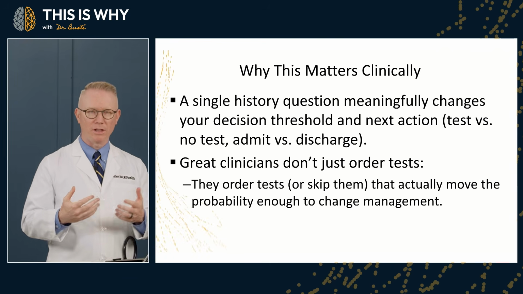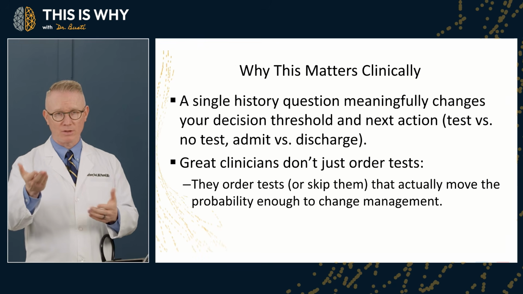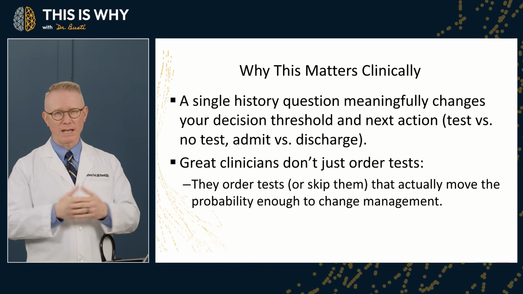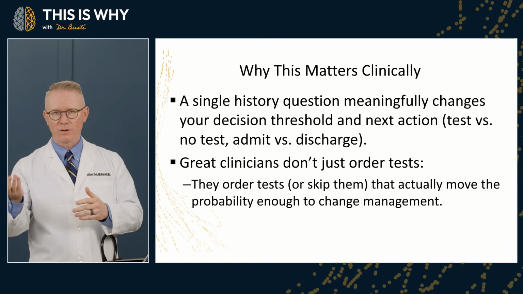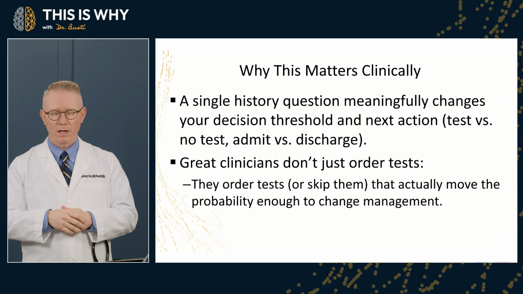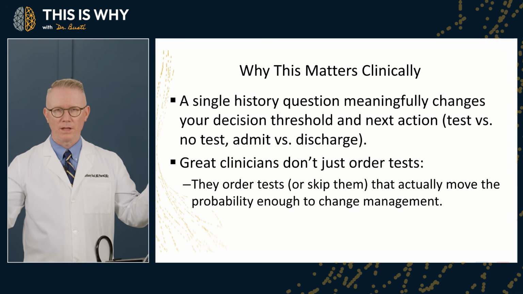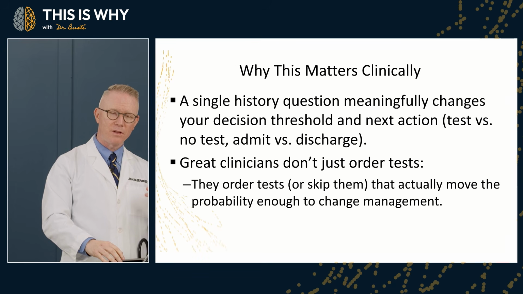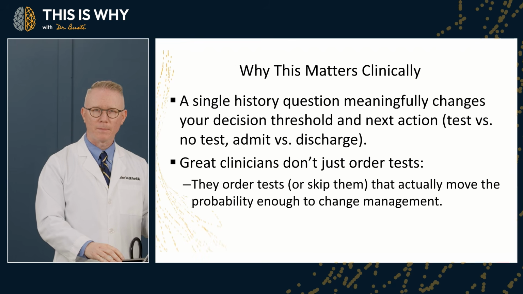So why does this matter clinically? Well, because a single history question changes your decision. And what maybe is the next action that we do? Do we test? Do we not test? Do we admit them? Do we send them home? And great clinicians don't just order a test to order it. They order tests that are actually going to move that probability enough to change the management in either direction.